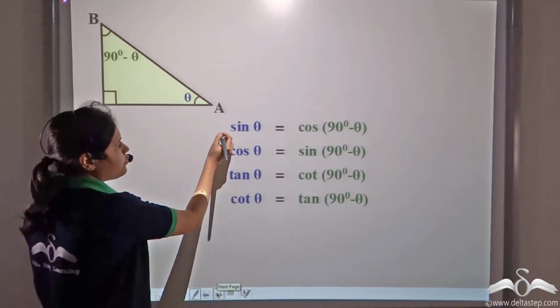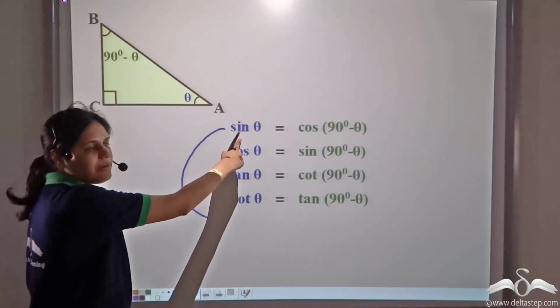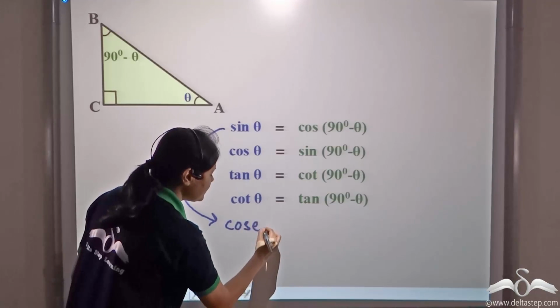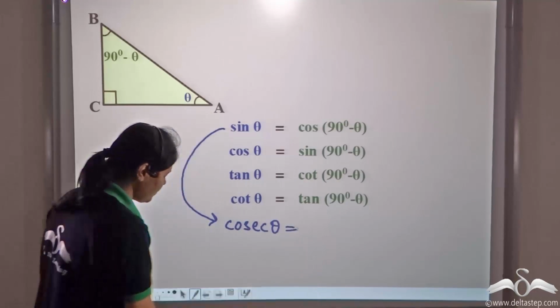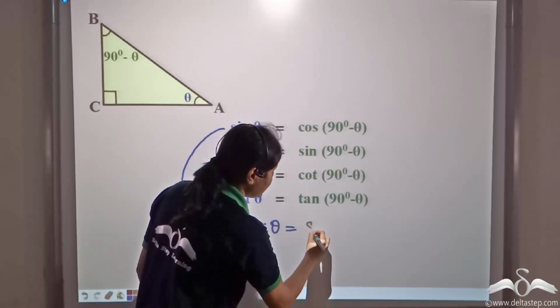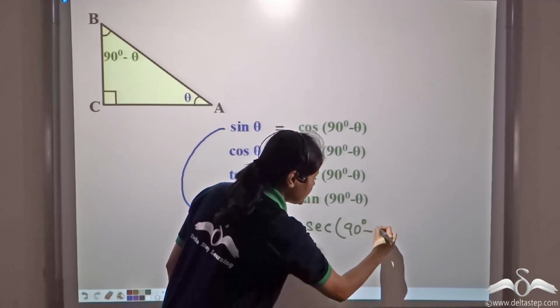Also, if you take the reciprocal of this, then 1 by sine theta is equal to cosec theta, and 1 by cos 90 degree minus theta is equal to sec 90 degree minus theta.